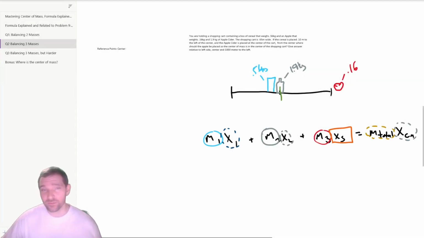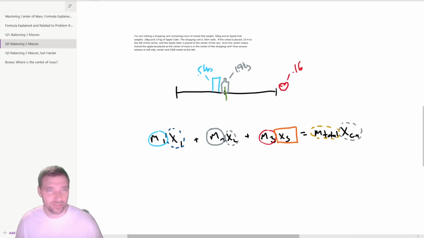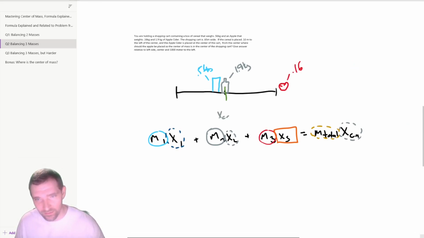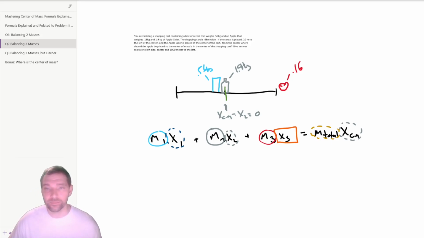If we look at the reference point in the center, the math is actually really, really easy because for two of these things, the displacement is just 0. So the x center of mass is still the same as x2, but in both cases it's 0 because our reference point is there. So now we have a matter where something is negative in terms of its overall value. This thing's value is going to be 0.